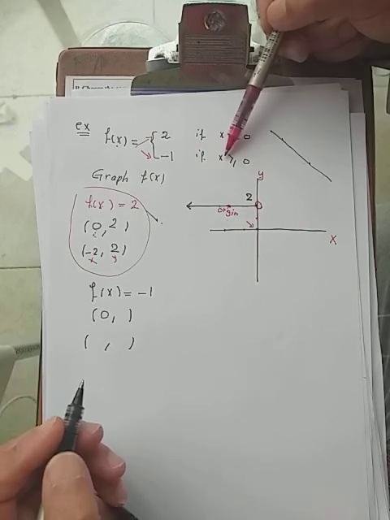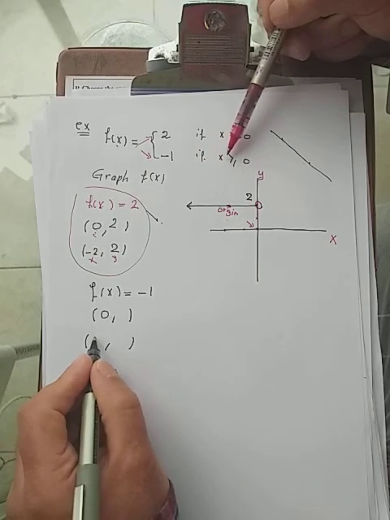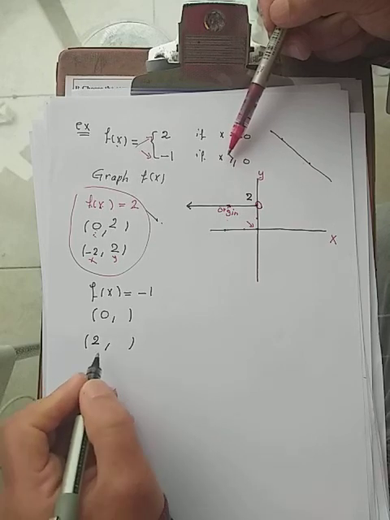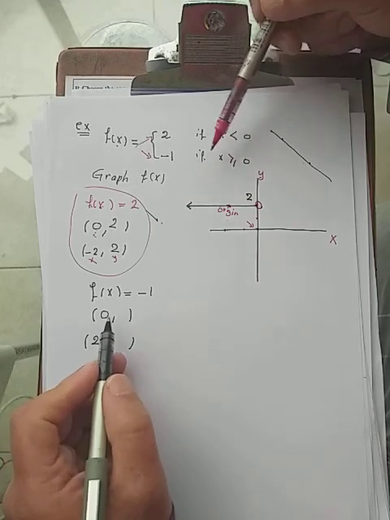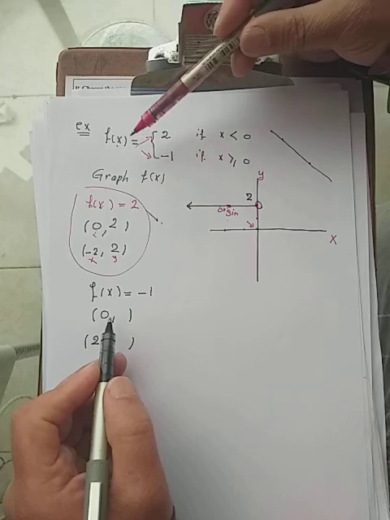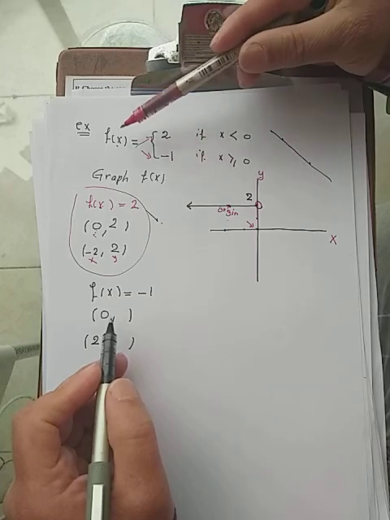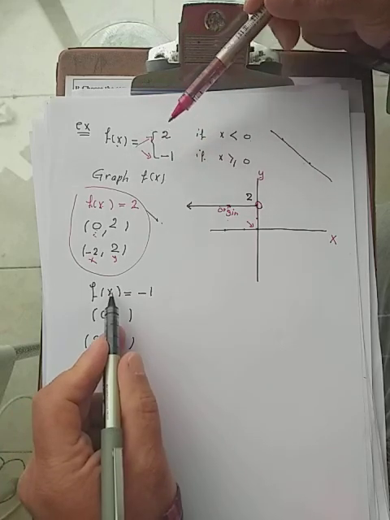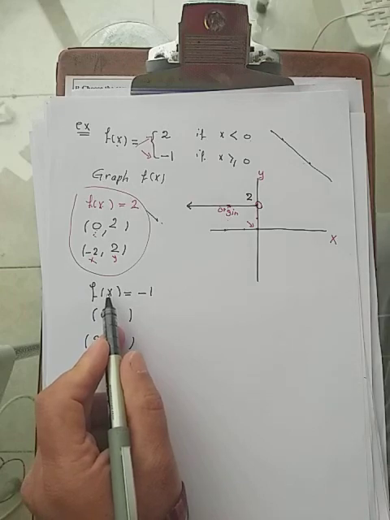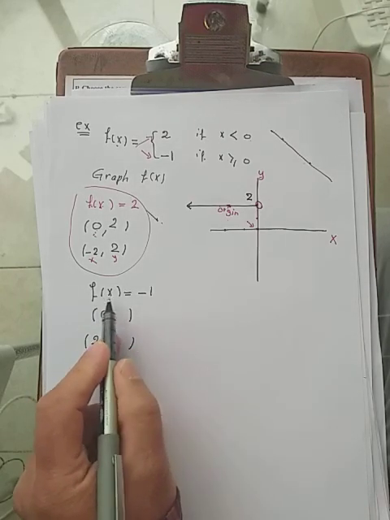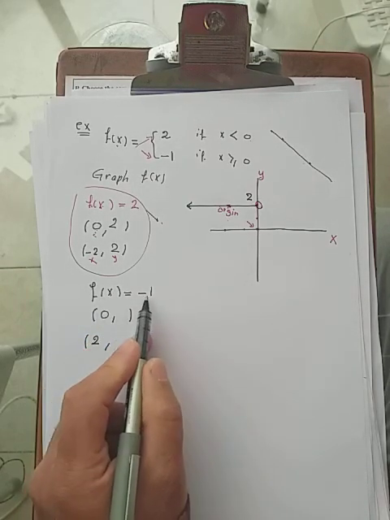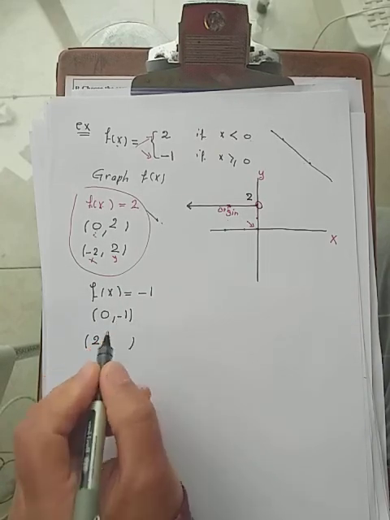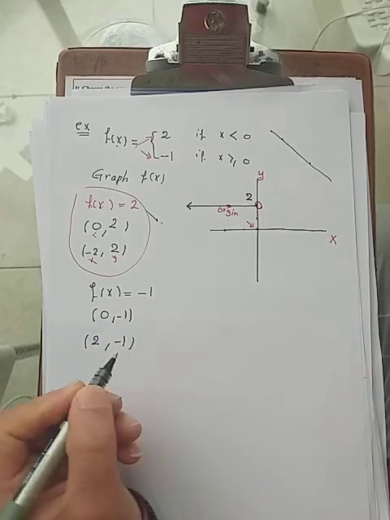We put for x any number more than 0, as you like, you can put 2. If x equal to 0, we take this function. Then if we put any number for x, y is always equal to minus 1, negative 1.